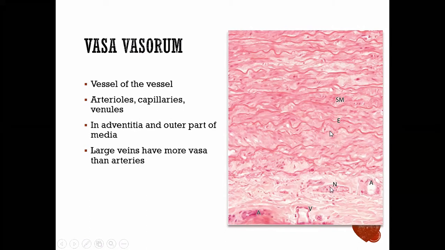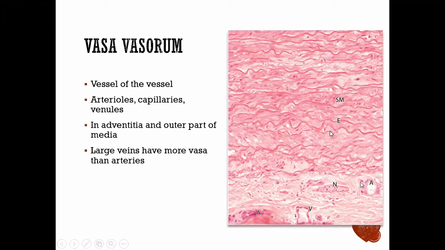This is your arteriole, of course, and this is your internal, external elastic. Since this is now your adventitia, this will be an external elastic, and this will be your smooth muscle cells. There you are.